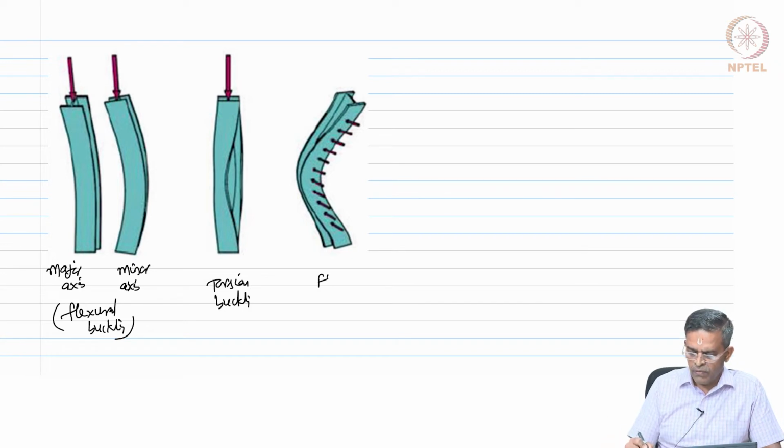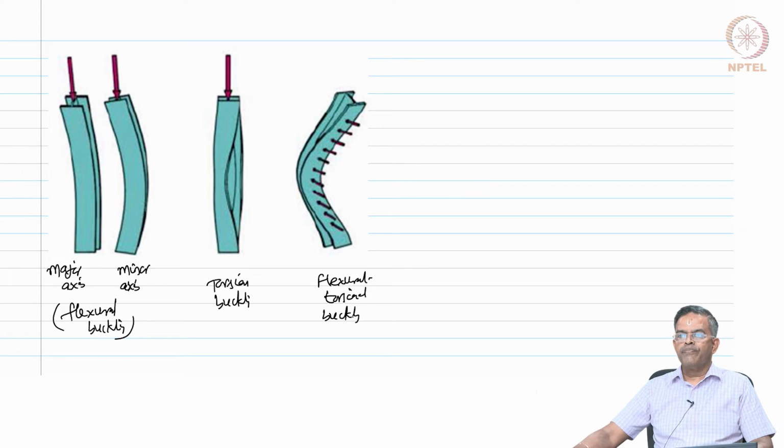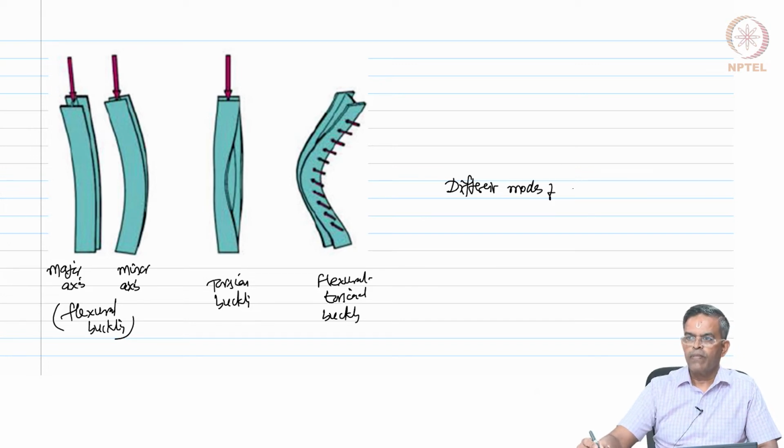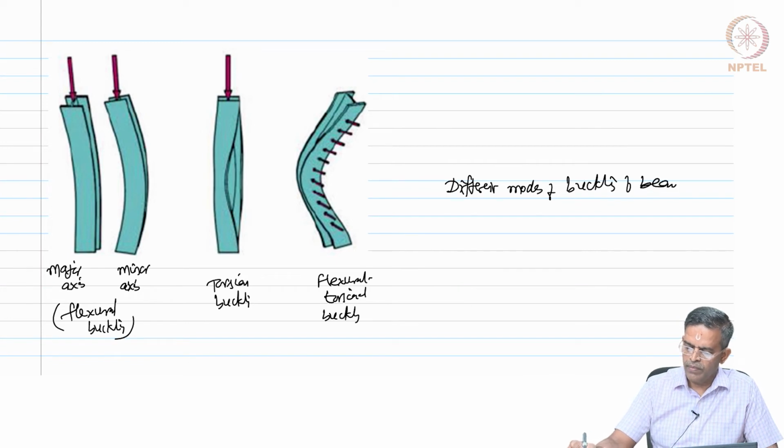This is flexural torsional buckling. These are all different modes of buckling of beam under compression.